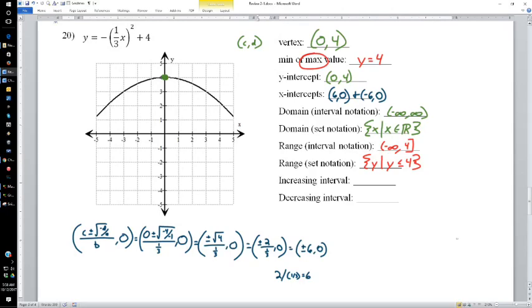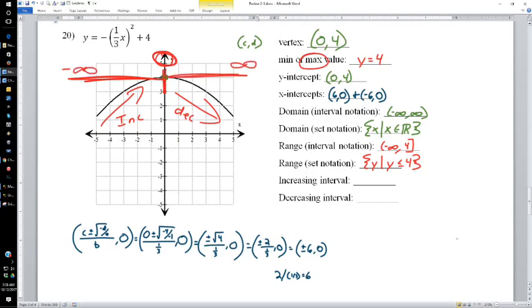Last but not least, your increasing and decreasing intervals. Basically, where is it going up and where is it going down? If it's going up, that's increasing. If it's going down, that's decreasing. So anything from negative infinity to 0 is that side, and 0 to positive infinity is that side.